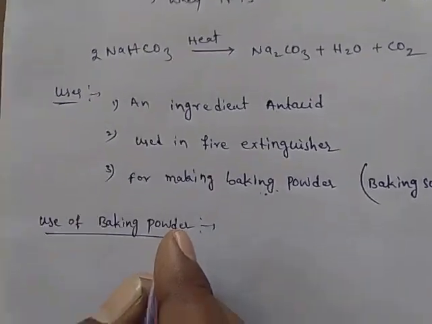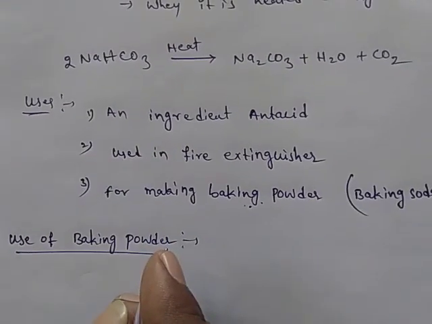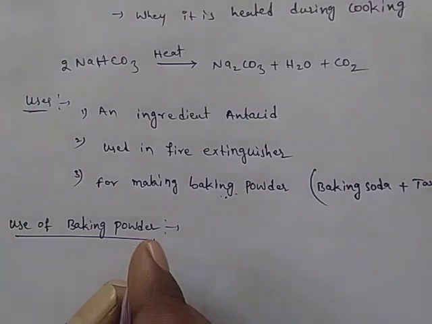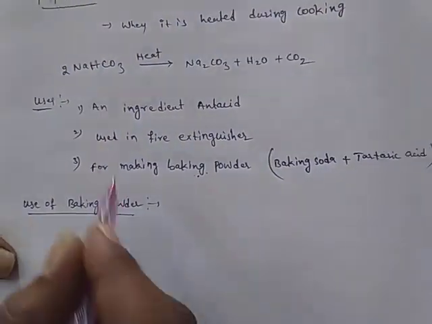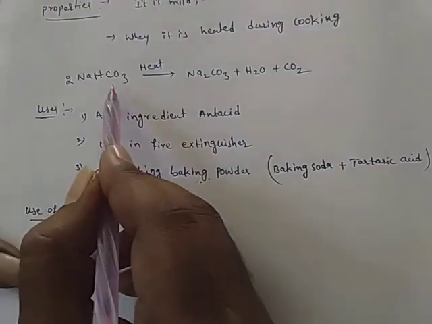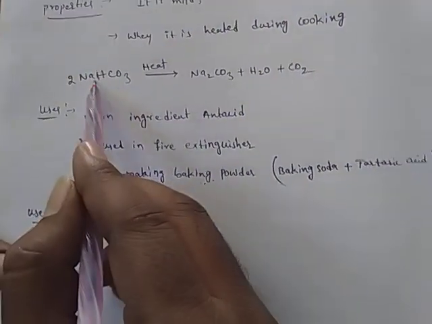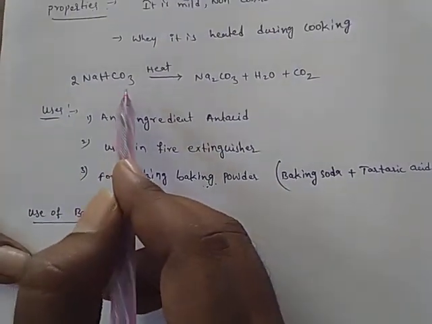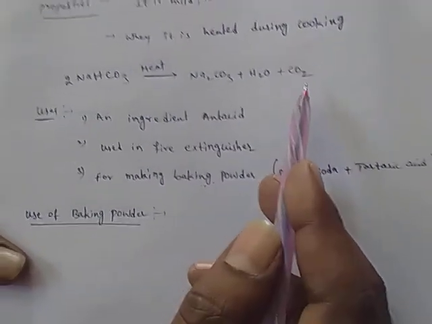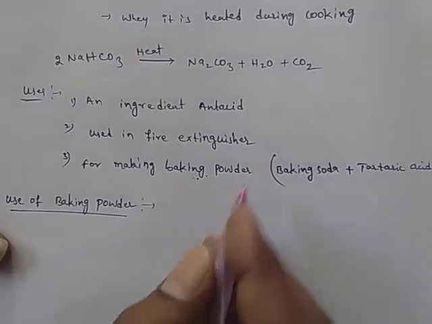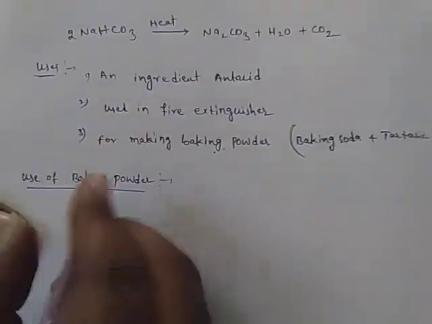Once you observe, breads and cakes are soft. Why soft and spongy? Because in the reaction, when we heat the sodium hydrogen carbonate, that is the baking soda, it forms CO2. Due to the CO2, the bread and cakes will be spongy.